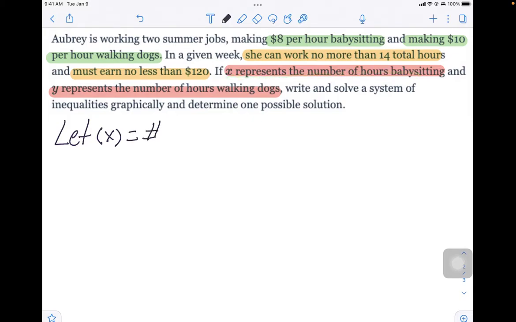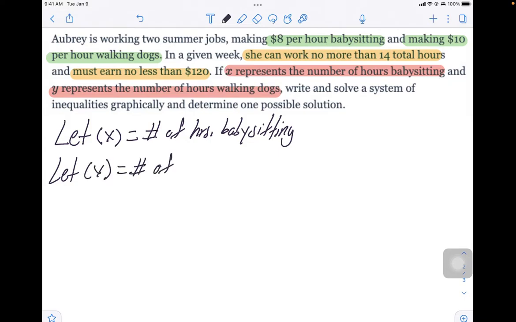Now, let Y represent the number of hours walking dogs. So those are her two jobs. Aubrey has these two jobs.